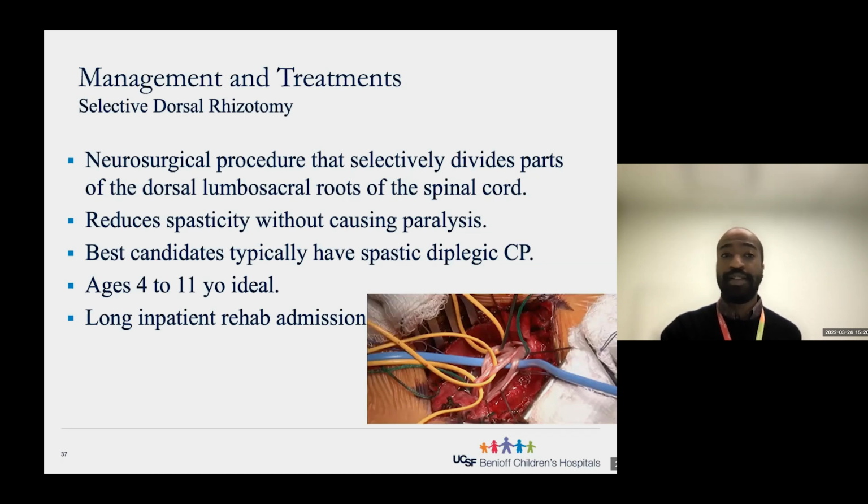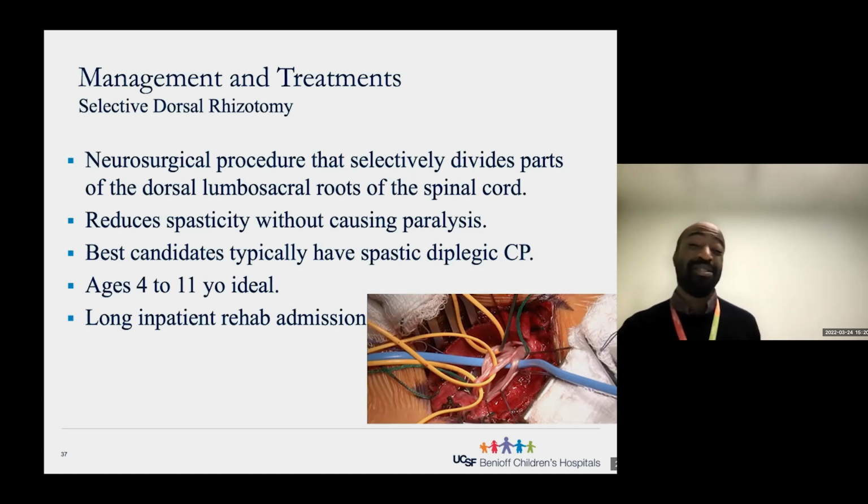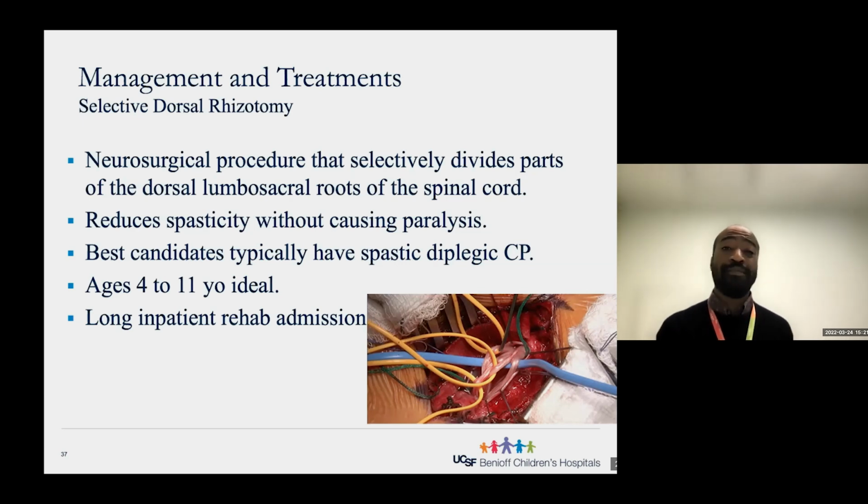And then the final neurosurgical intervention that physiatrists may have a conversation with patients and families about is something called the selective dorsal rhizotomy. Again, this is the highest rung of interventions. It's as close to a curative procedure, I guess, for spasticity. It's a direct neurosurgical intervention where the neurosurgeons select out the dorsal roots from the spinal cord. The dorsal roots are the roots that contain sensory input coming from the body back to the spinal cord.